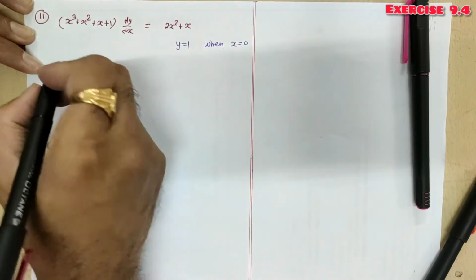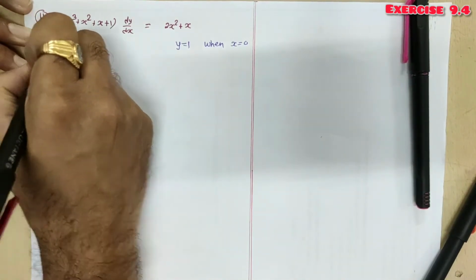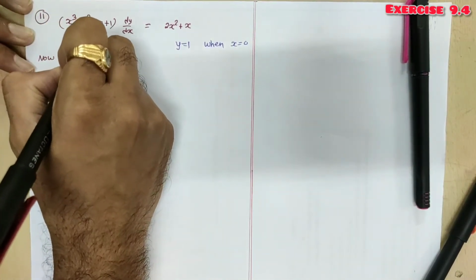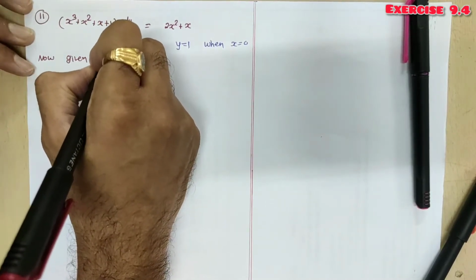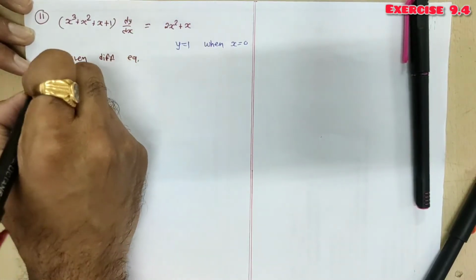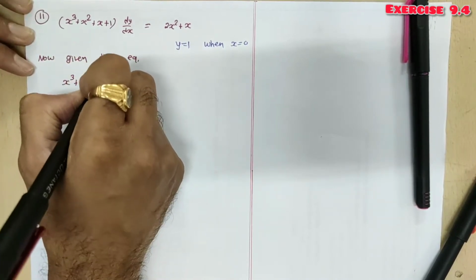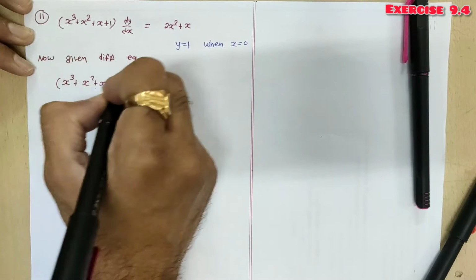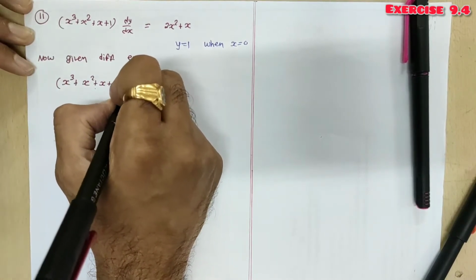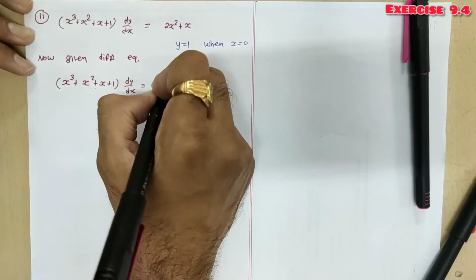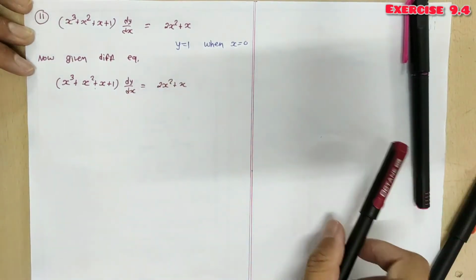So let's start with the given equation. The given differential equation is (x cube plus x square plus x plus 1) into dy by dx equal to 2x square plus x.